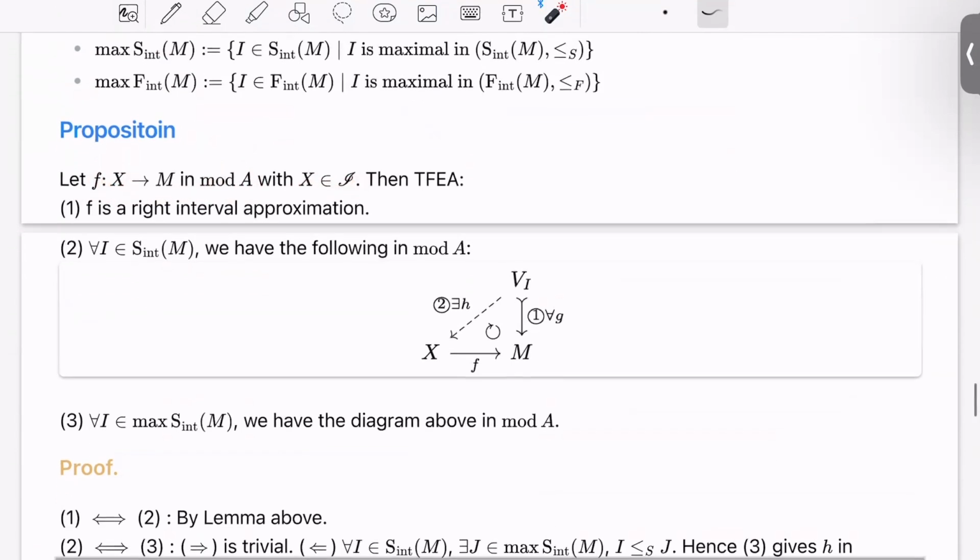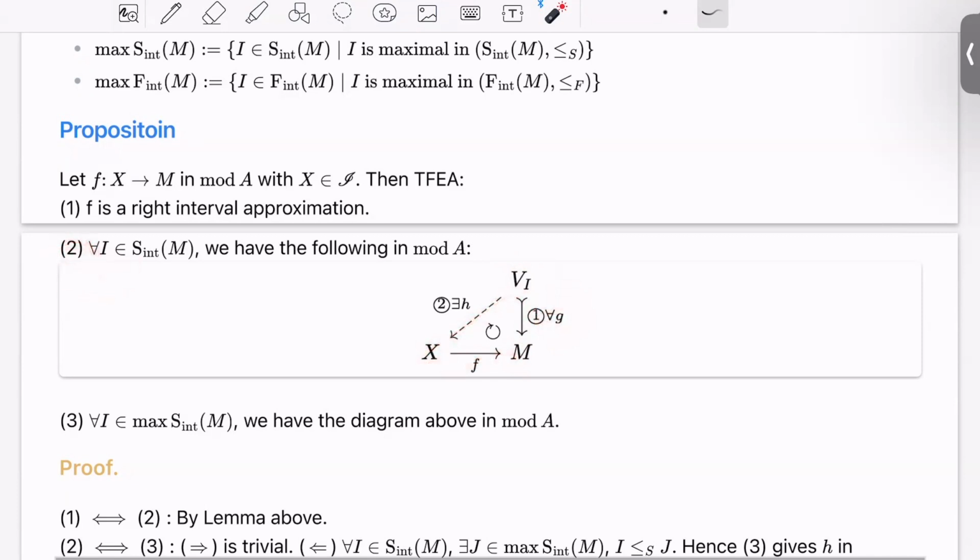Then the following are equivalent. f is a right interval approximation if and only if for any I, meaning there exists a monomorphism from Vi to M, and any monomorphism g here, this g factors through f. This is a proposition, property 2.